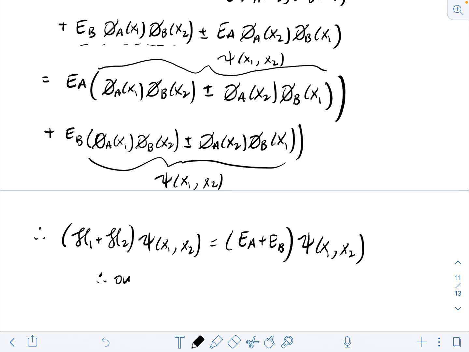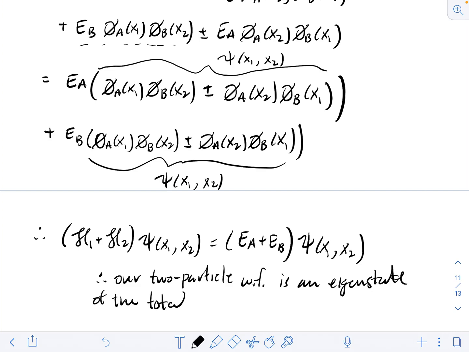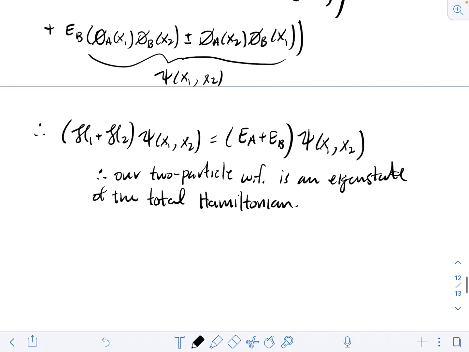And so therefore our two-particle wave function is an eigenstate of the total Hamiltonian. So we've tried our two requirements, the exchange property and the eigenstate requirement, and both are successful.